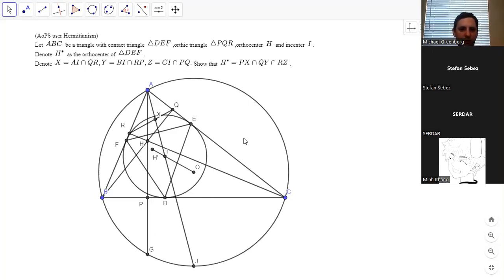All right. This problem is hard for me, but yeah, maybe you guys will have some ideas. Let's see. X, P, H prime and X. So yeah, the points aren't defined in that complicated of a way.